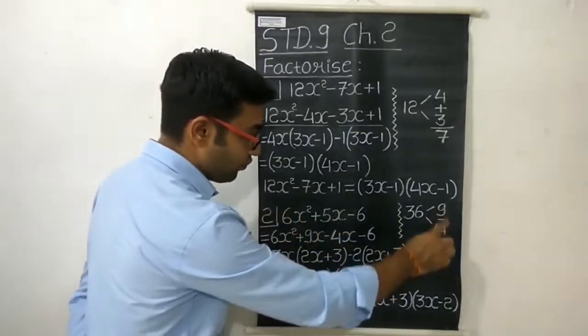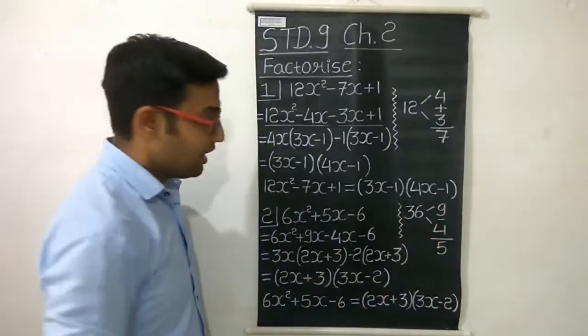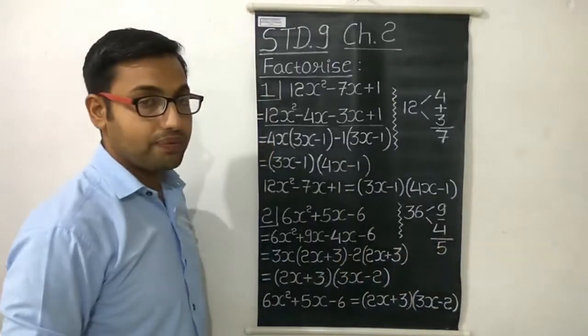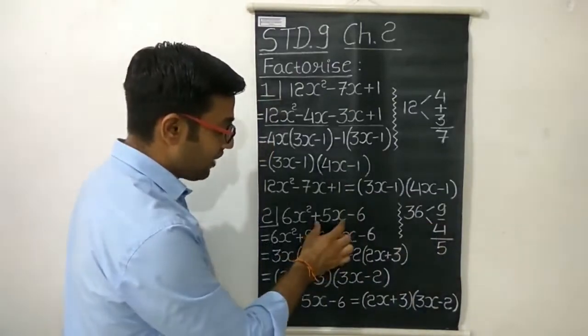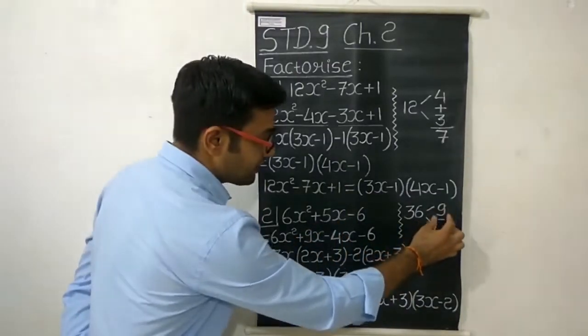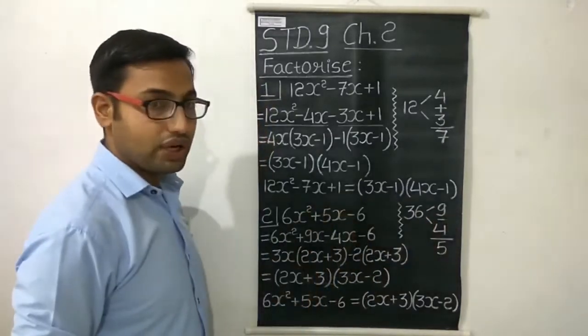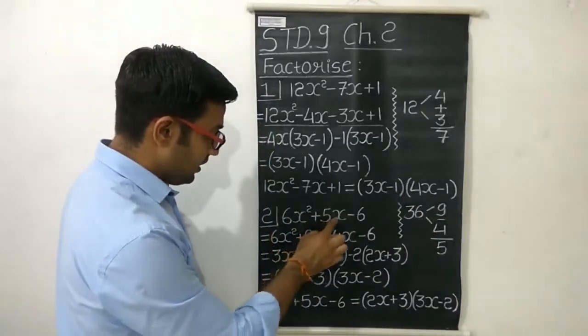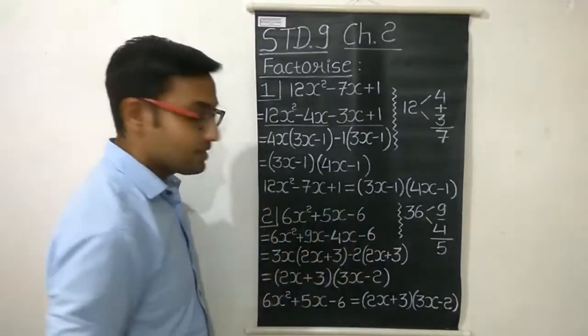So now we can choose 4 nines are 36, and the subtraction of 9 and 4, 9 minus 4, is equal to 5. So we can write down this 5x as 9x minus 4x. Okay? So rewriting, 6x square as it is, 9x minus 4x minus 6.